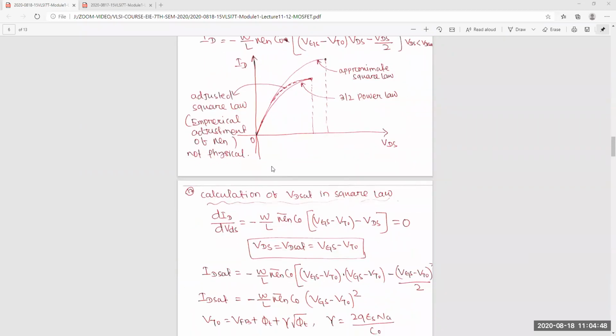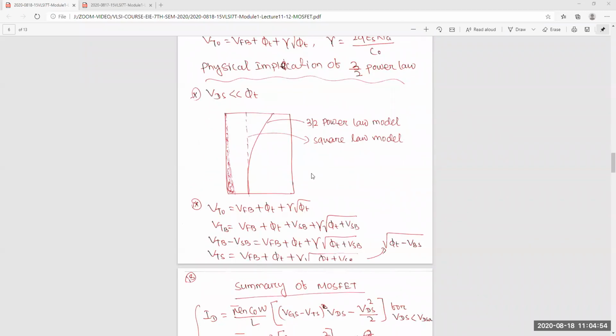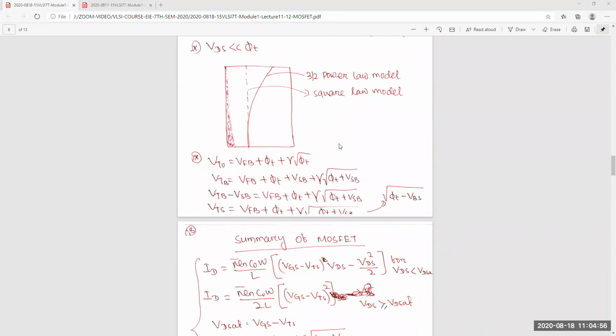So that's why we are doing some adjustment. Got this point? What is the physical implication of that 3/2 and square law? Sir, why don't we use the 3/2 power law?